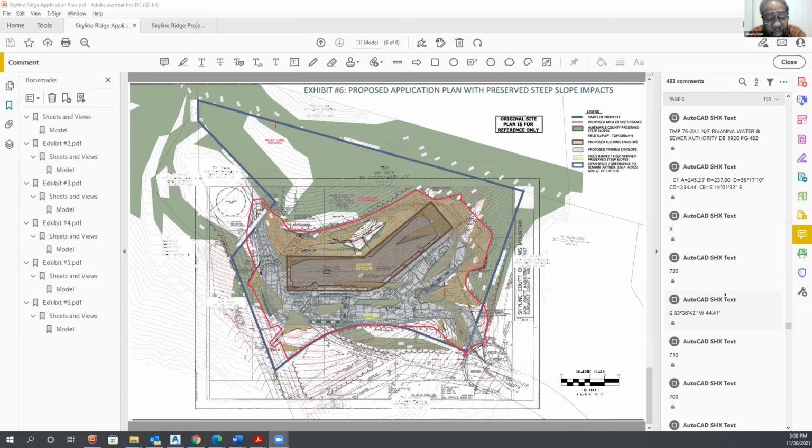So that's the result of you all moving dirt. Yes, sir. That's correct. And because of a change in ordinance, the slopes that you created are now characterized as preserved slopes. Yes, sir.